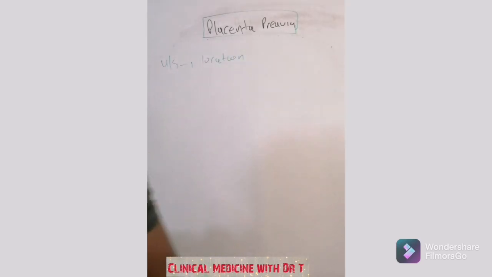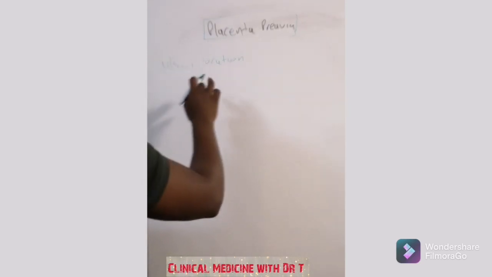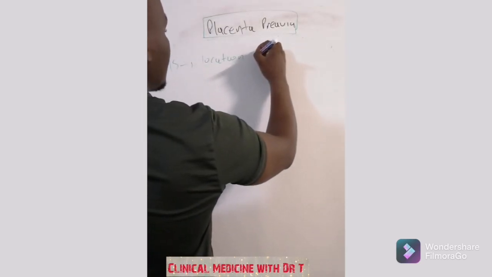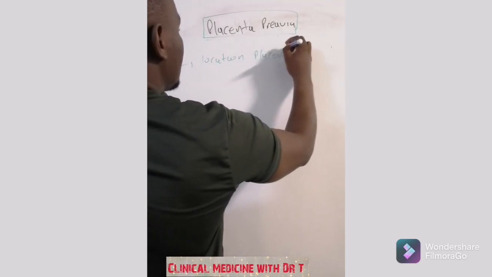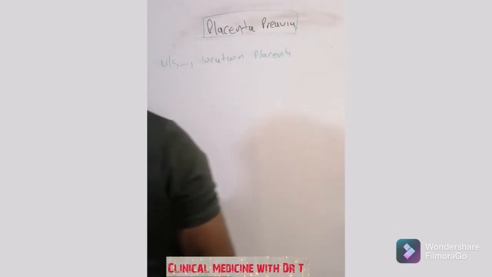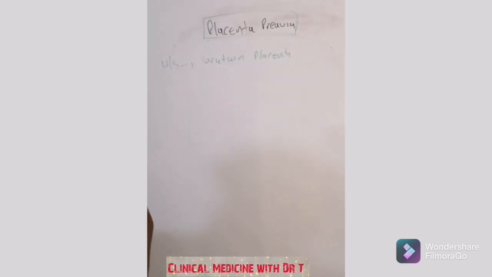If you have got a PV bleeding patient, you suspect placenta previa, you do a scan, and you find that your placenta is in the fundus, or is high lying, not a low lying placenta, then it means it's not placenta previa. Look for another diagnosis. So we look at the location of the placenta to confirm or dispute our diagnosis of a low-lying placenta.